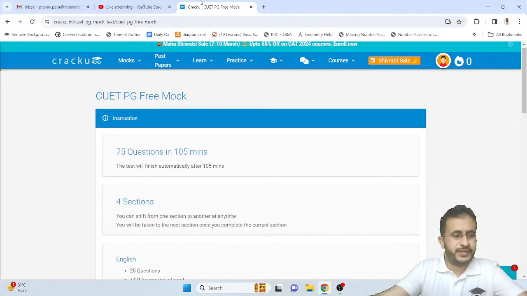Some of you must have already taken it. If you have already taken the mock, you can see how to attempt it in a decent way, the manner in which I proceed, and you can evaluate your score also based on it.